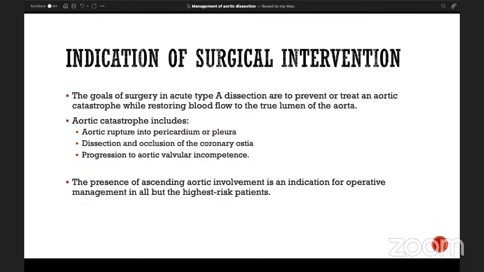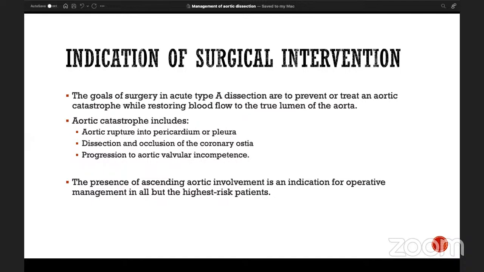high-risk group of patients. And the term high-risk group of patients is not well defined in patients with acute dissection, but basically very old age by itself is not an absolute contraindication, but very old, frail patients or those with end stage disease, like advanced stage of cancer or dementia, or patients who presented with coma, those kind of patients may be deferred from surgical intervention and go for medical management.